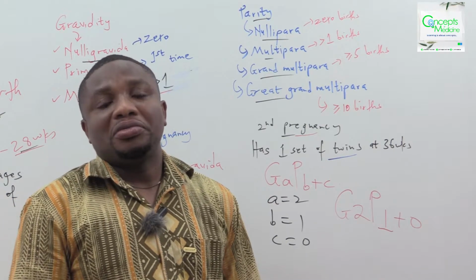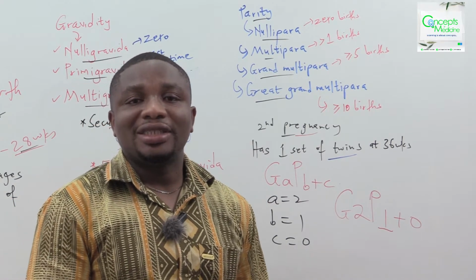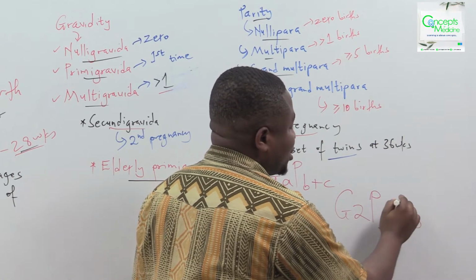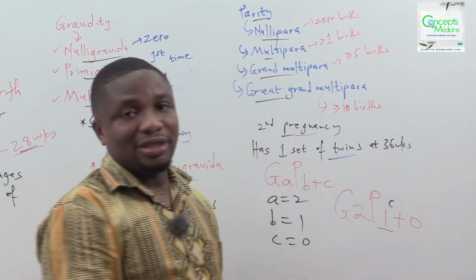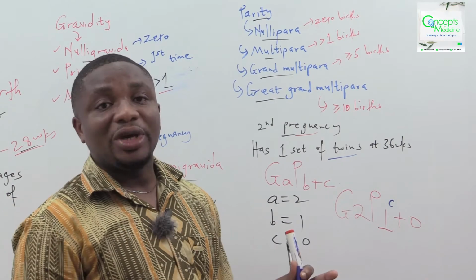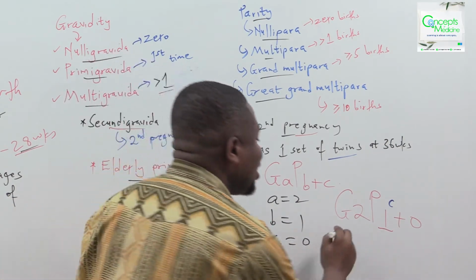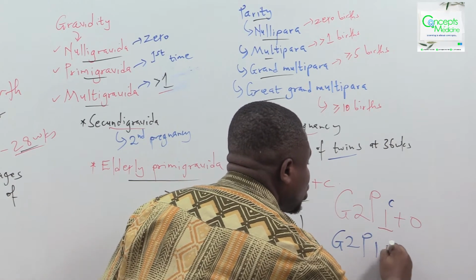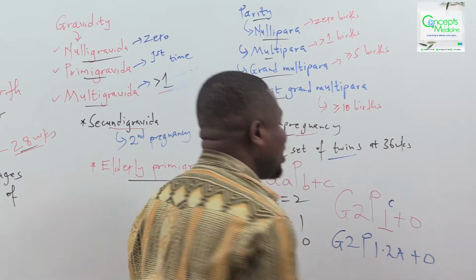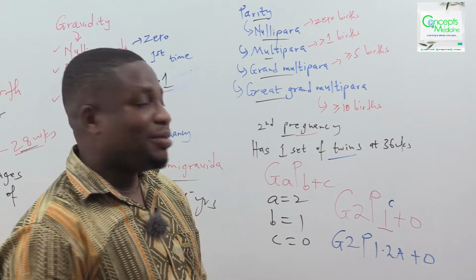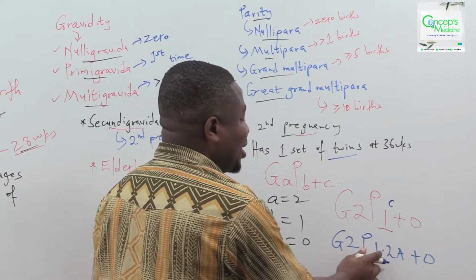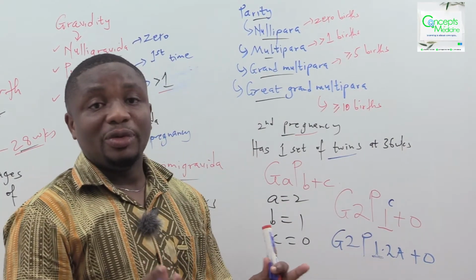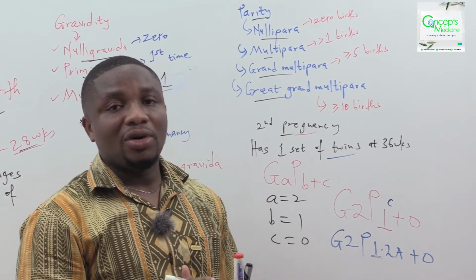In certain scenarios, you may want to put into brackets 1 and indicate one set of twins. That is in the clinical setting. Or you can even indicate it in another form where you say G2 para 1.2 alive plus 0. If you are saying para 1, it means that we are looking at one pregnancy resulting in one delivery, whether it's twins, triplets, or quintuplets.